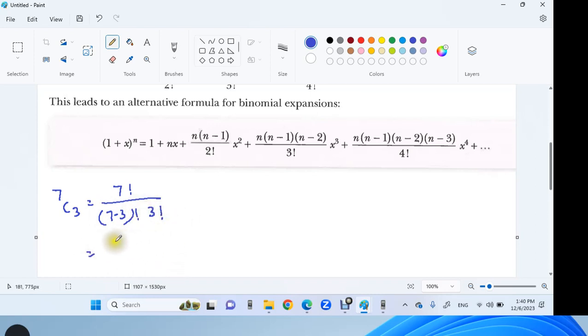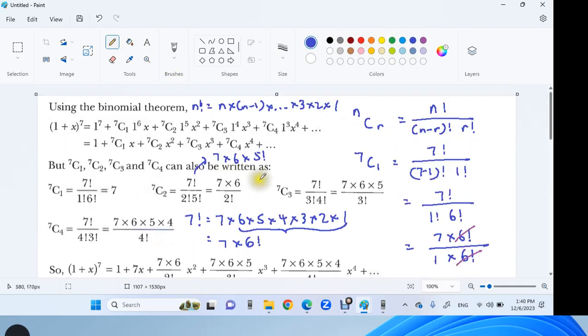So this is 7 times 6 times 5 times 4 factorial over 4 factorial times 3 factorial. So this one we cancel. It will become 7 times 6 times 5 over 3 factorial.